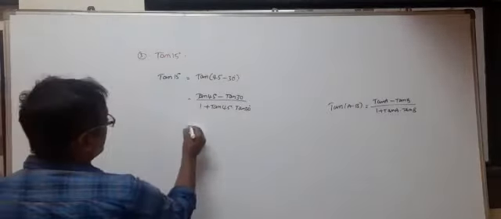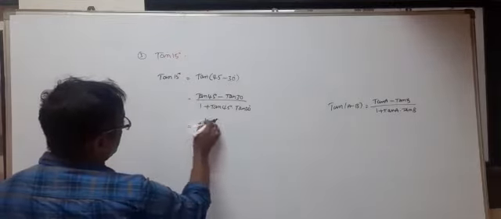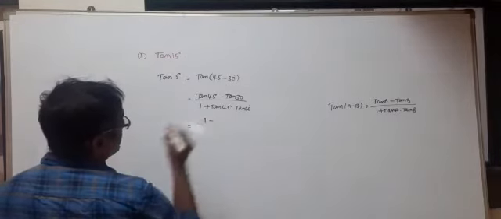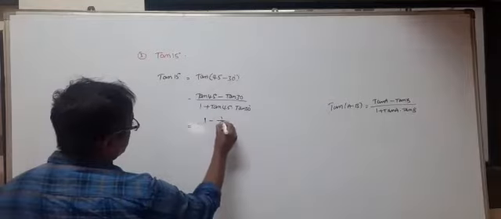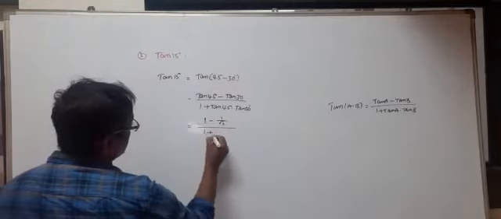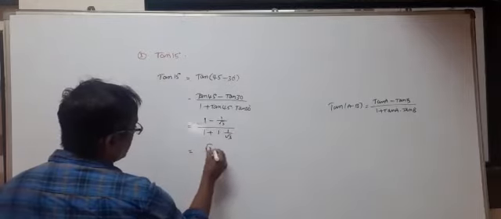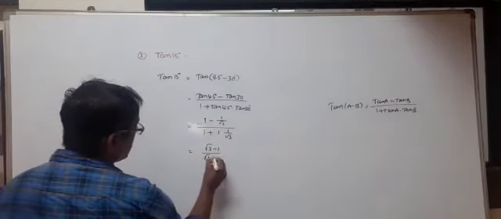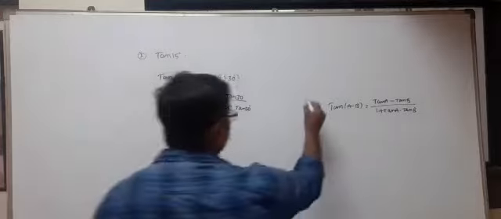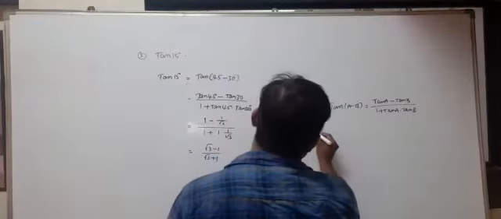So tan 45 is 1 minus tan 30, which is 1 by root 3, by 1 plus 1 into 1 by root 3. So you will get root 3 minus 1 by root 3 plus 1.